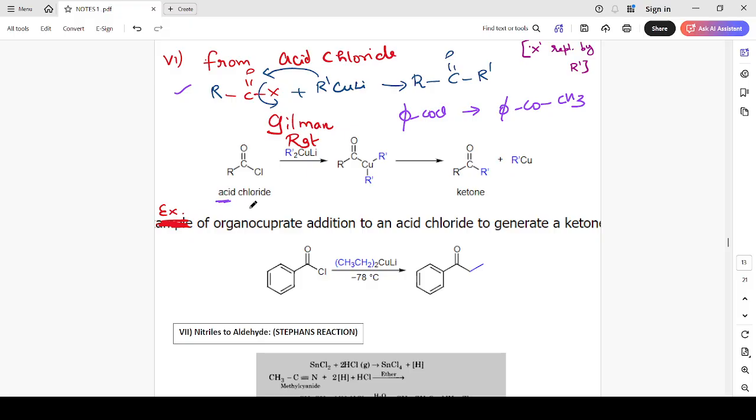So I am taking C6H5COCl plus (CH3)2CuLi. Only one of the R groups will go and attack according to Gilman, right? C6H5COCH3 will be there, and one more R is there. That R will go with copper, and lithium will form the salt, lithium chloride.